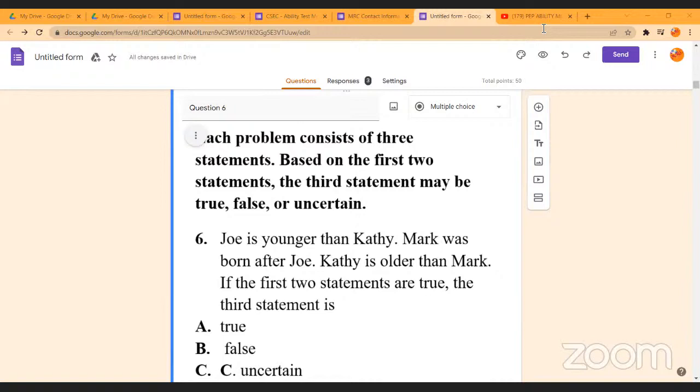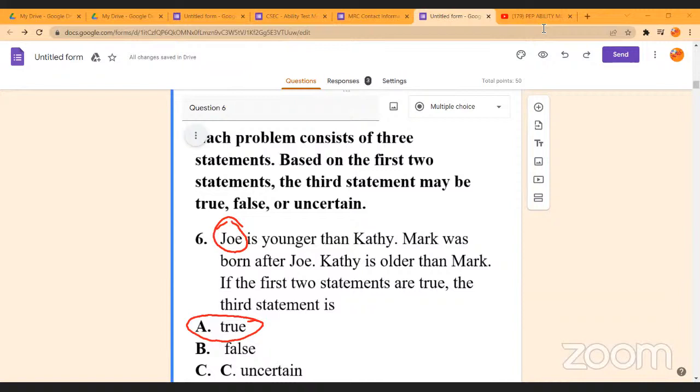The answer is true. And you know I'm going to ask you, how is it you got your answer? Tell me what you did. Miss, because if Joe is younger than Kathy, Joe is the smaller one.